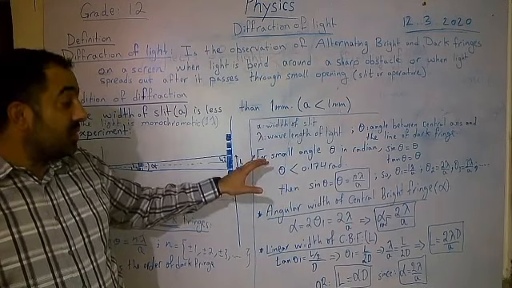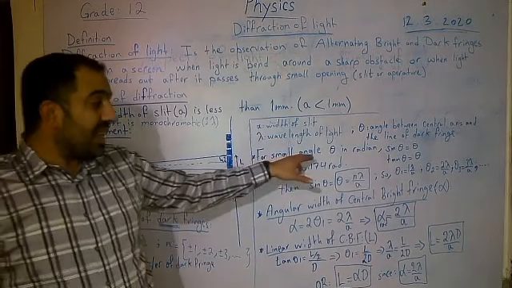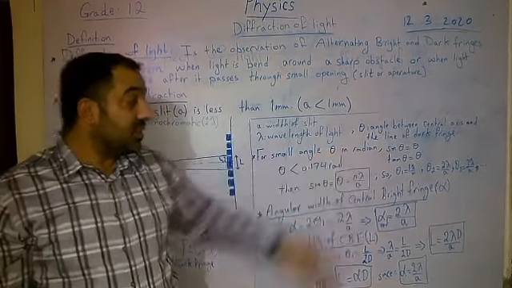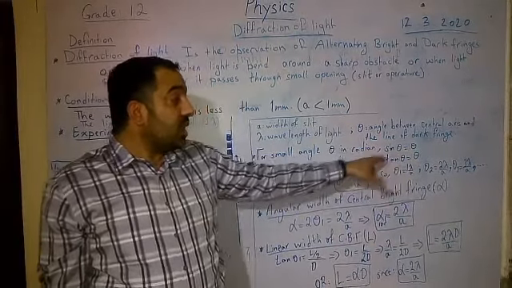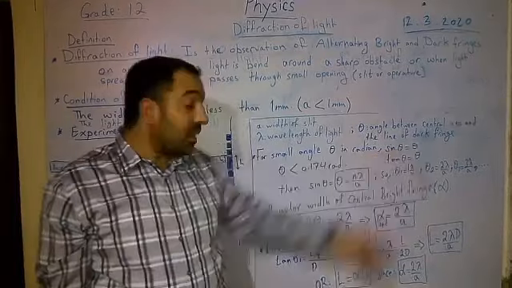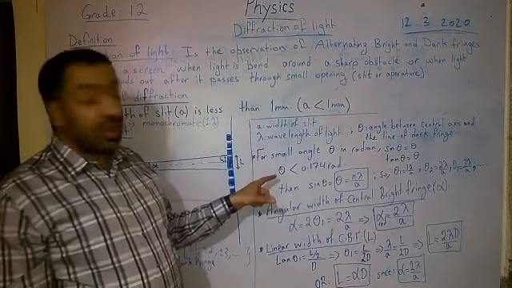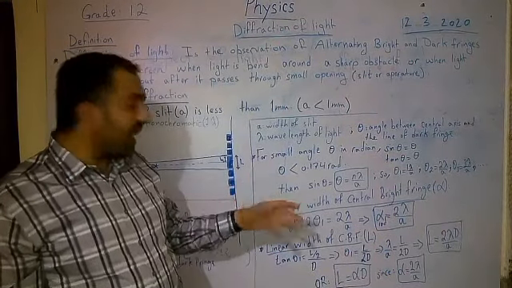Pay attention to this note. For a small angle theta in radians, sine theta will be equal to theta and tangent theta will be equal to theta. What is a small angle?